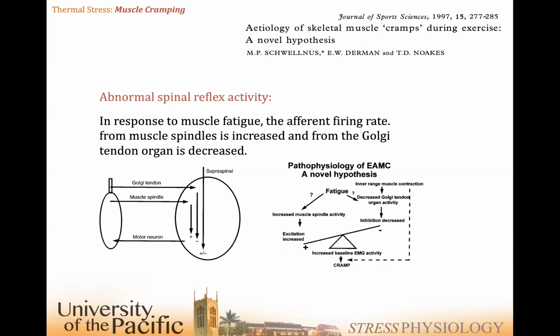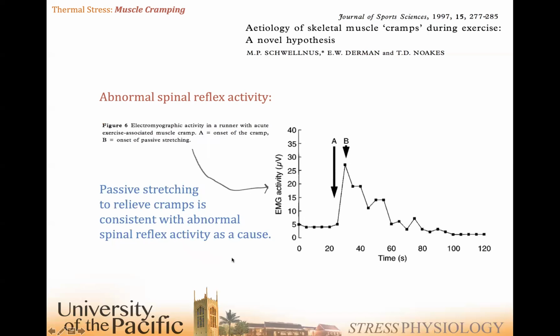Step two is inhibition is withdrawn and promotion of muscle spindle activity is activated. That seems to be largely agreed on in the literature as the real culprit. And the cures for cramping would be stretching, whether it's flexing the opposite, some reciprocal inhibition phenomenon, but usually stretching of the agonist that is cramping.